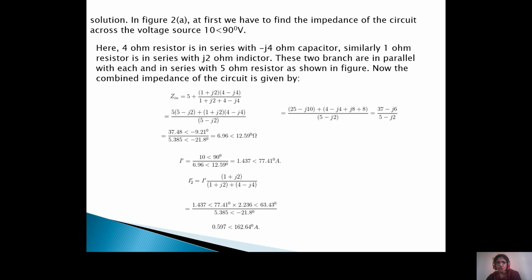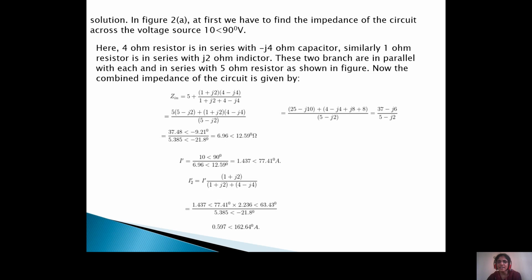So for the denominator, 4 plus 1 is 5, plus J2 minus J4, that is minus J2. For the multiplication, first you convert into polar form and then multiply. So taking the LCM, 5 into (5 minus J2) plus (1 plus J2) into (4 minus J4), that is 25 minus J10 plus 4 minus J4 plus 8J plus 8.